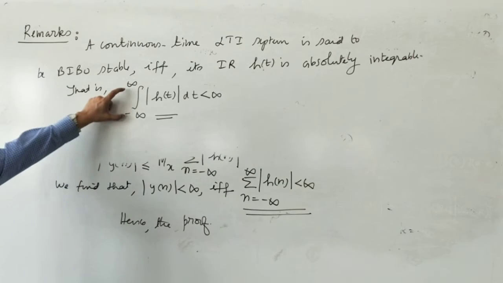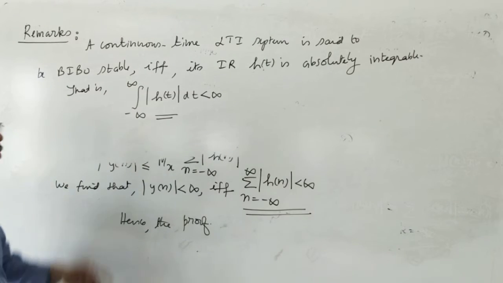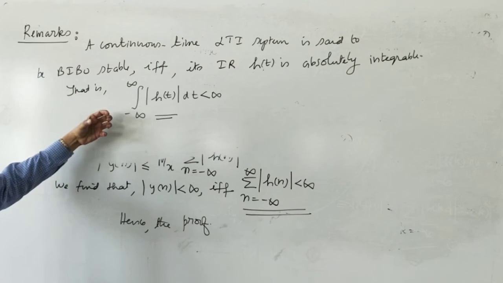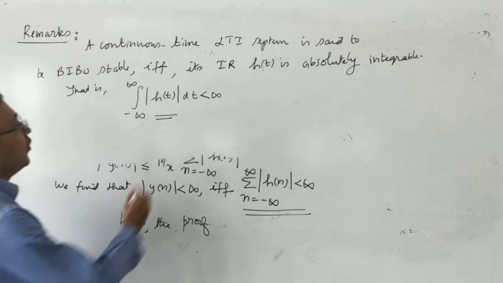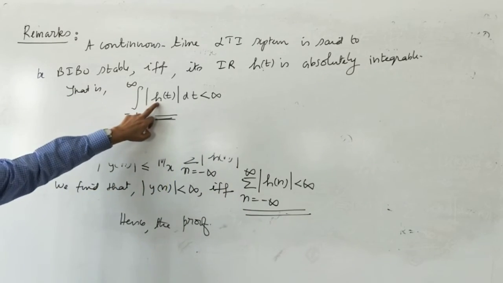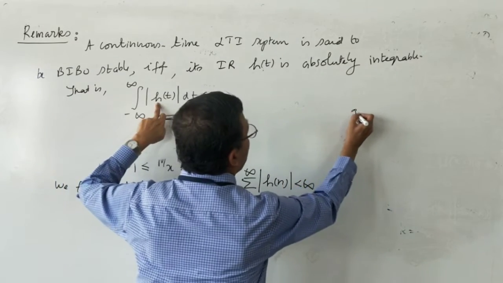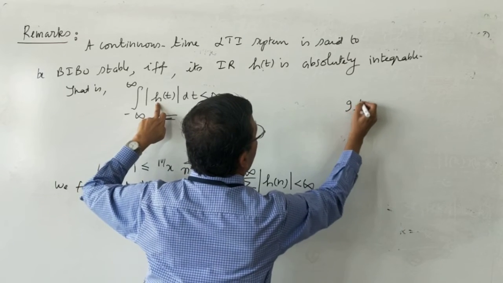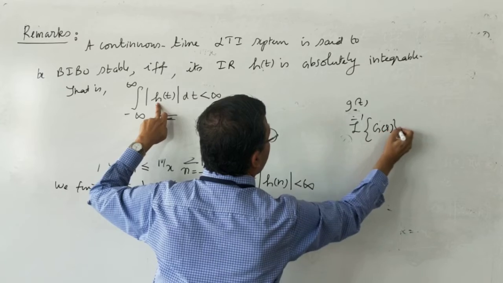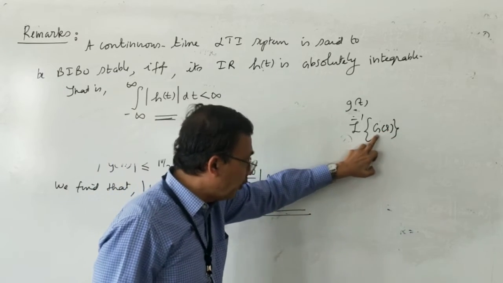This condition you will be applying in control systems to study the stability of a system in frequency domain. Very important theorem for control systems. Only thing is, instead of h of t, there we will use g of t. And what is g of t? G of t is nothing but Laplace inverse of G of s. G of s was called transfer function.